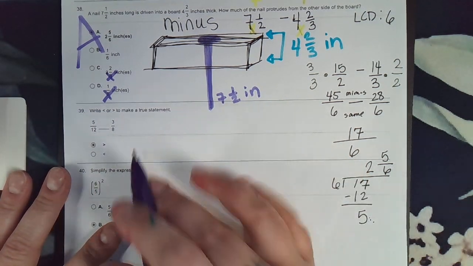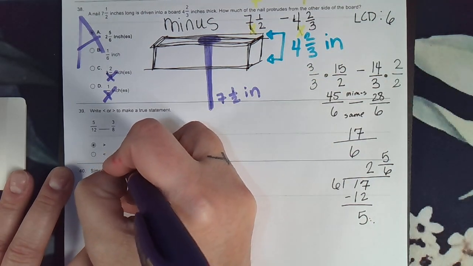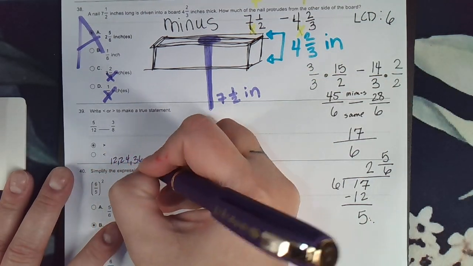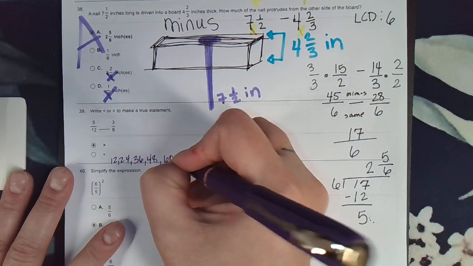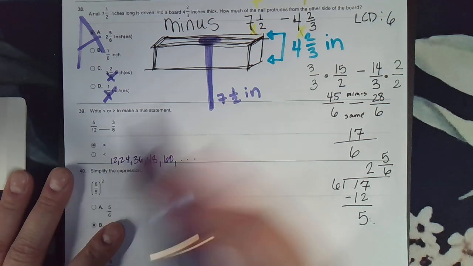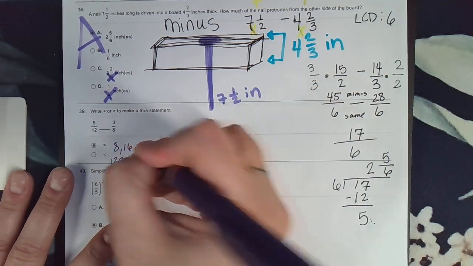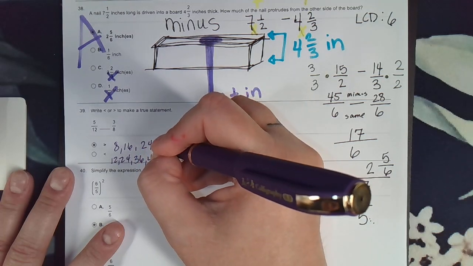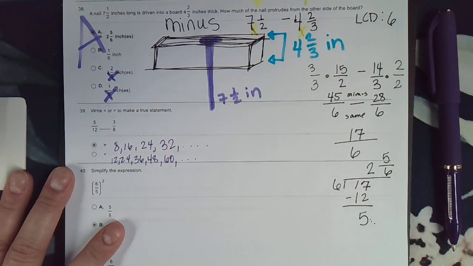Think of all the multiplication facts of 12. 12, 24, 36, 48, 60. Then think of all the multiplication facts of your 8. 8, 16, 24, oh, that was easier than I thought it was. Okay, what's the smallest number in common?